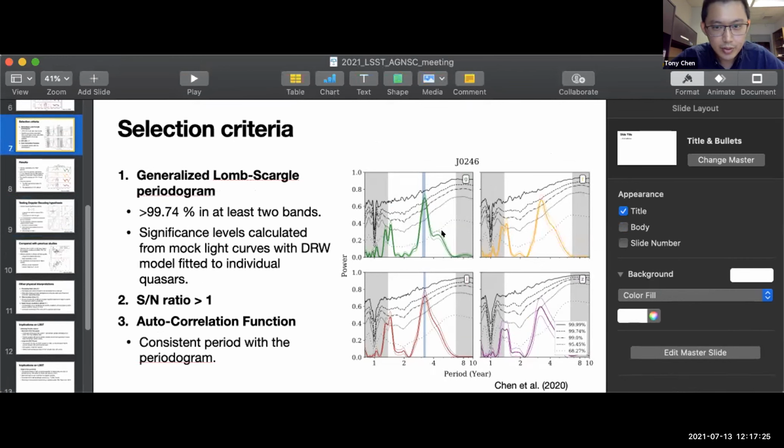So for example, we can calculate, using those light curves, how many of those quasars are above the 99.74 criterion, which is the same as our criteria. Using those, we can derive the false positive probability.